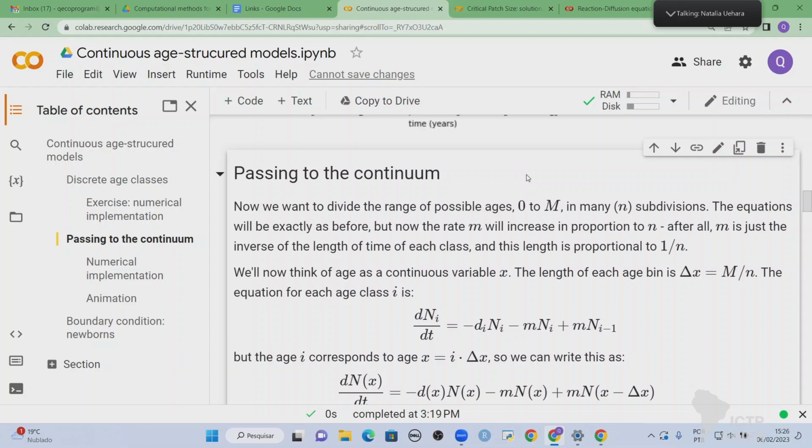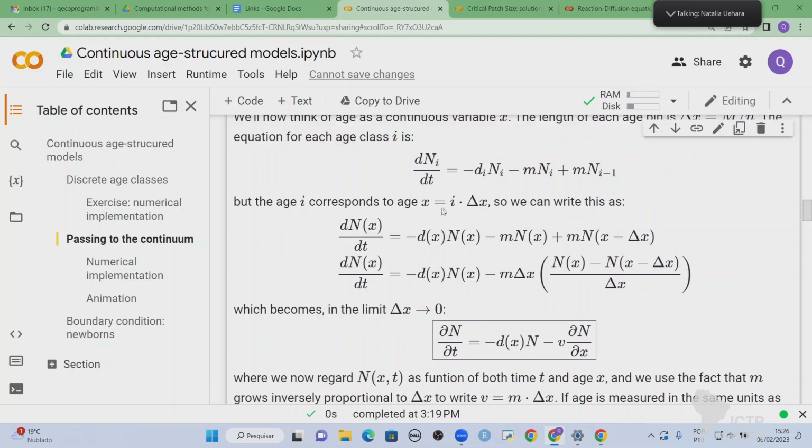If instead of 7 points I had, I don't know, 70 points, each age bin would be 1 over 10 years. Yeah, only 36 days for each age bin. So the age x which the N_i represents is i times delta x, okay?